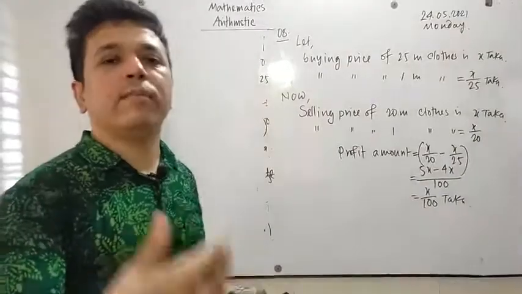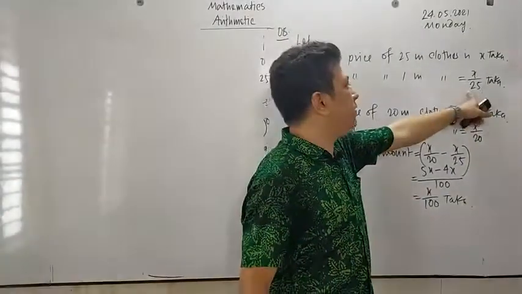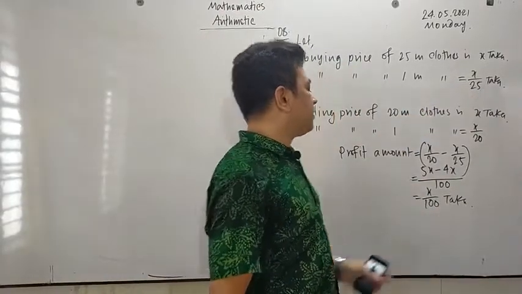Profit always comes from the buying price. Do you know that? So on the buying price we made a profit of X by 100.